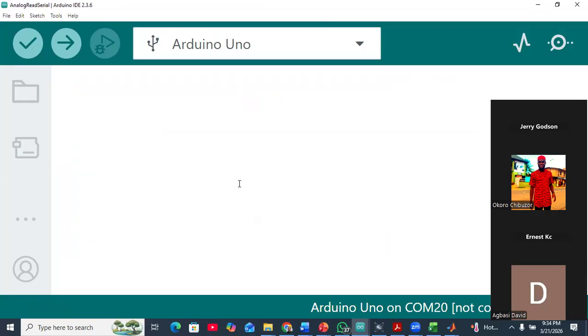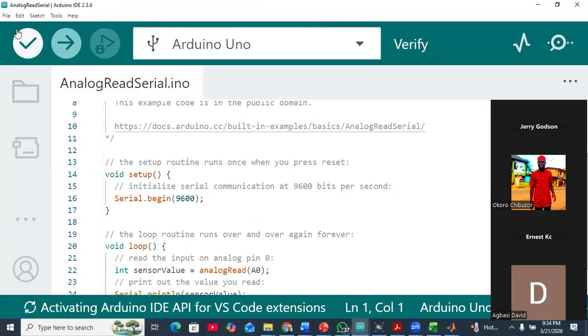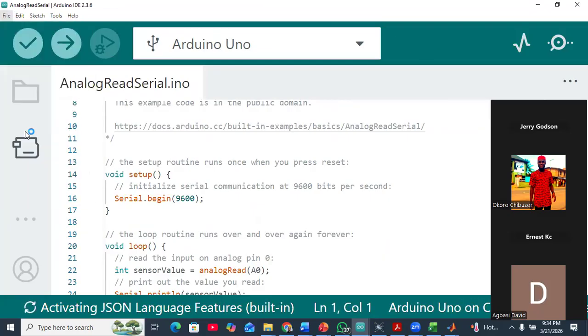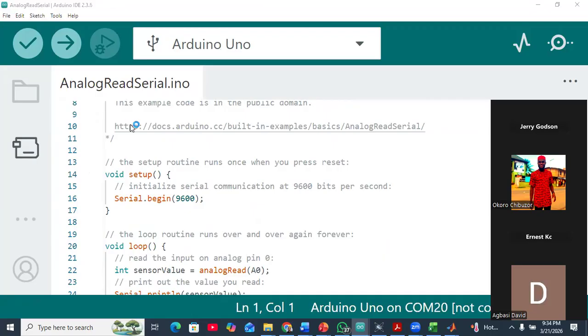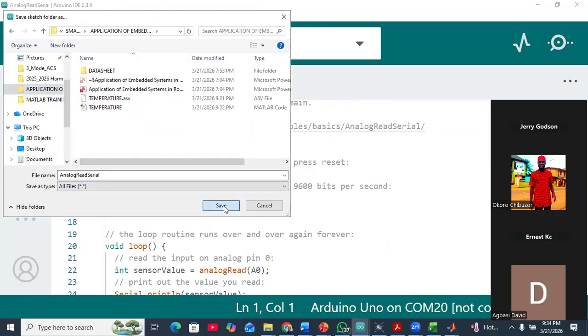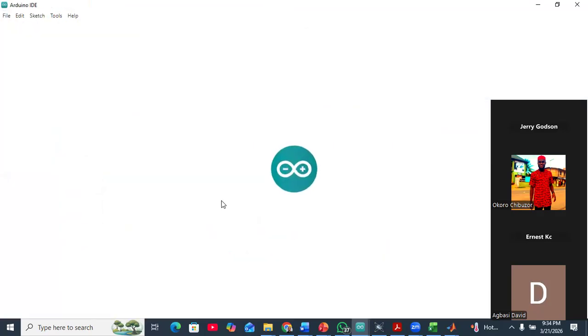So we just edit this. We save it here. Let's leave the name. We just edit it to suit what we want, so that we can meet up with the time.